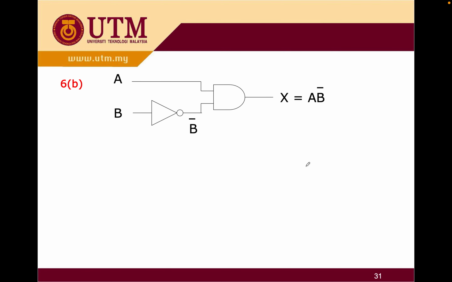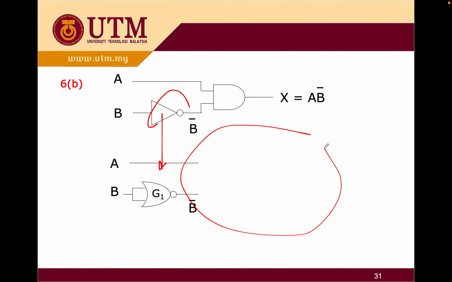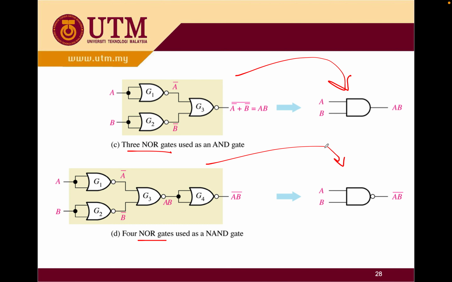And now your second example, which is example 6B. You have the NOT gate there, so you can bring and label it using the NOT gate. After that, you have the AND gate here in terms of representations for your NOT gate.